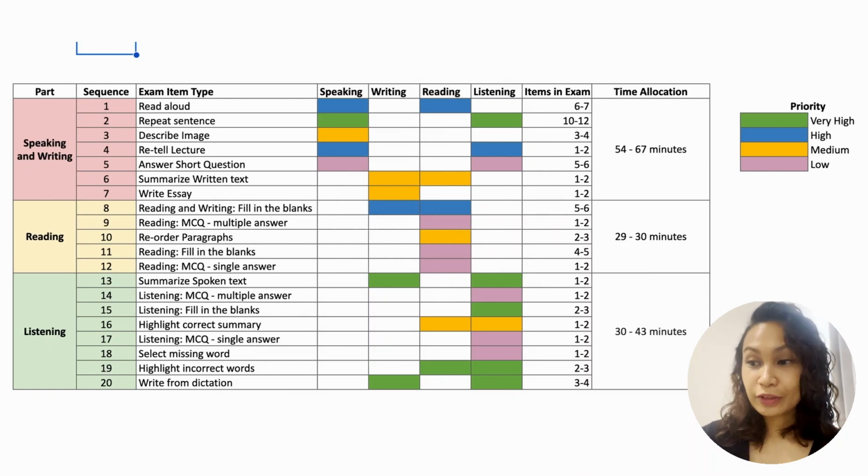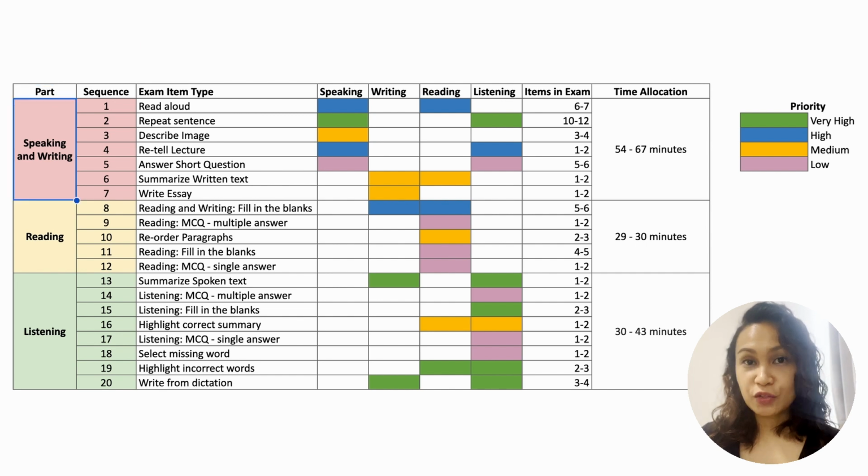Hey guys, so I'm flashing the table that I've actually used in my practice test. So this table shows which part a specific exam type is part of. So for example, read aloud, repeat sentence, describe image, they're part of the speaking and writing.